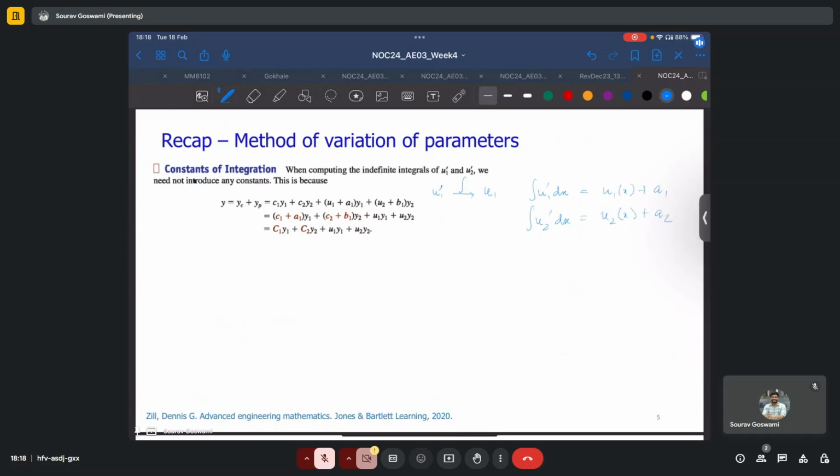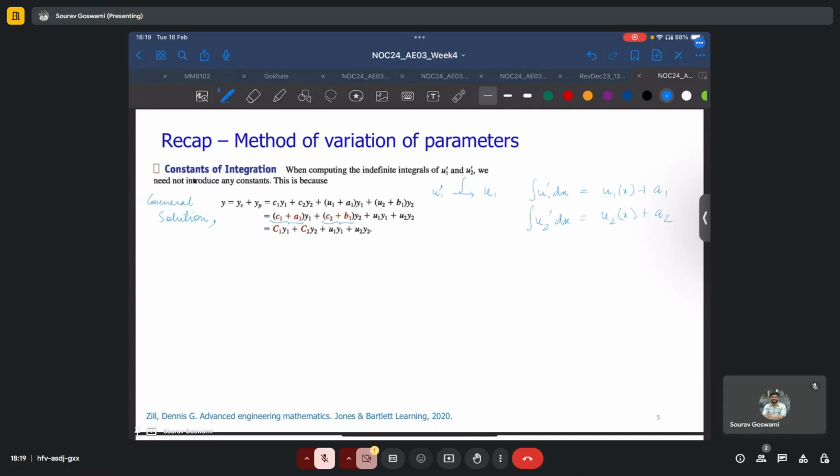And if we substitute it back into our general solution, which is y, we see that they are absorbed into the constants c1 and c2, which were coming from the complementary function.